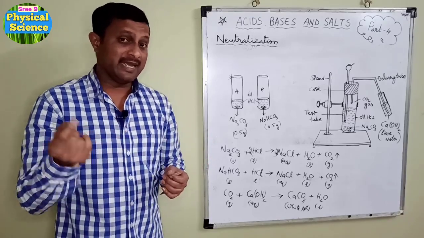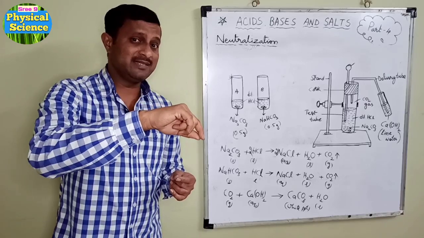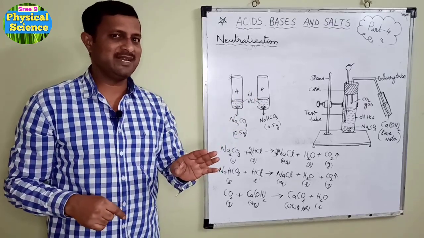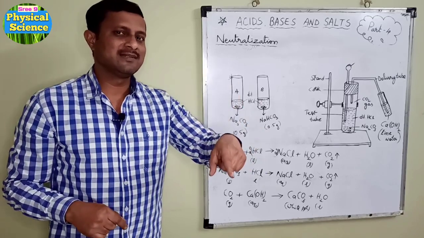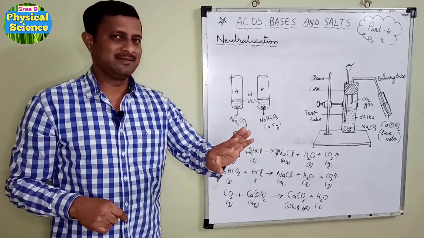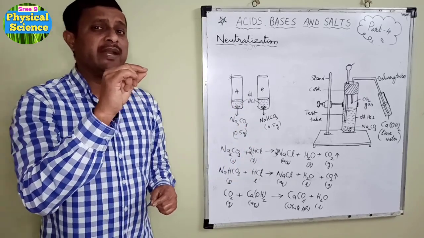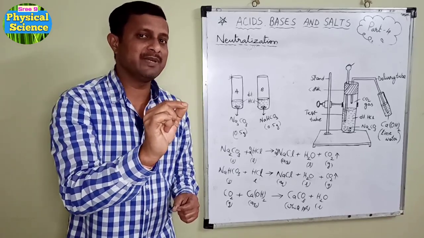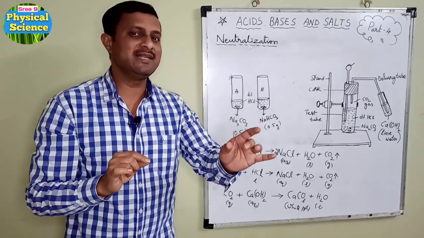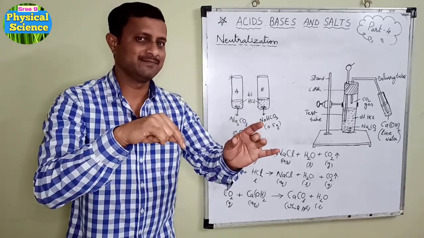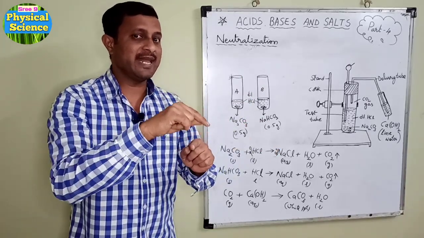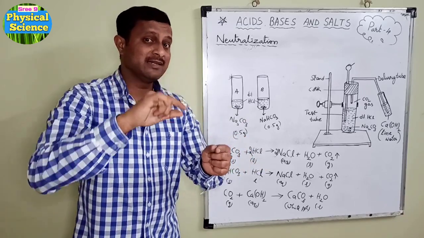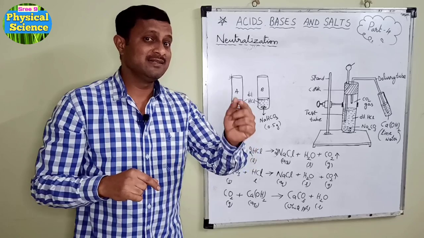Next, again when we added base, then pink color is obtained. It means that again it is converted into base. So on adding acid to base, when pink color disappears, it is nothing but the base is neutralized by acid, right? Now when acid is present, there is no color. Again when we add base, pink color is obtained, meaning the acid is neutralized by the base.